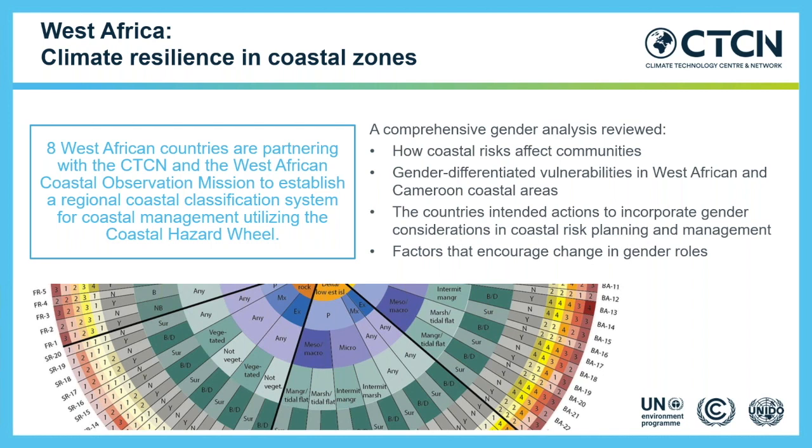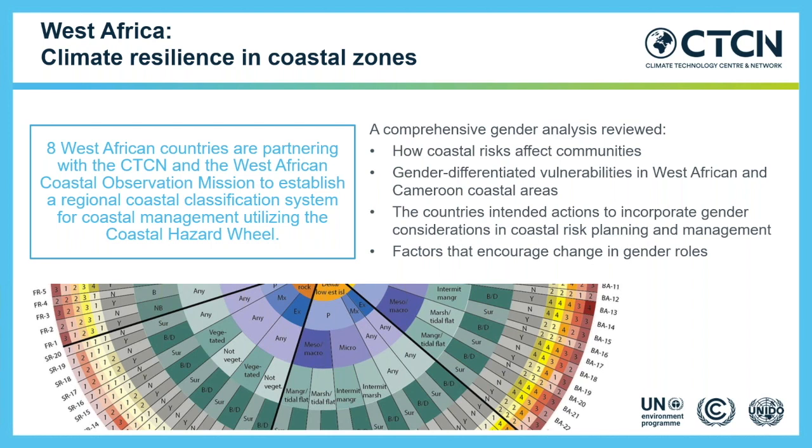And in order to do that, we really wanted to look at how different stakeholders utilize the coast and are impacted by the coast. So we looked at, for example, how do men and women use the coast for economic purposes? How is housing impacted or utilized in terms of coastal areas?